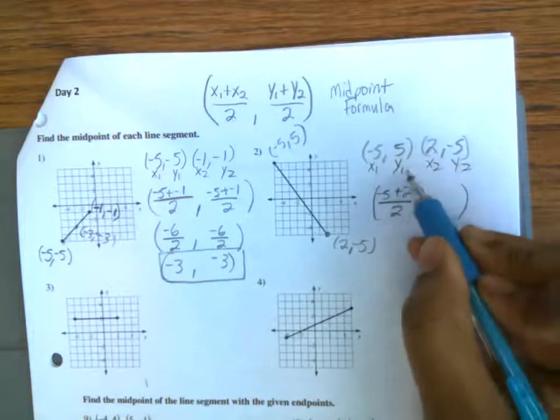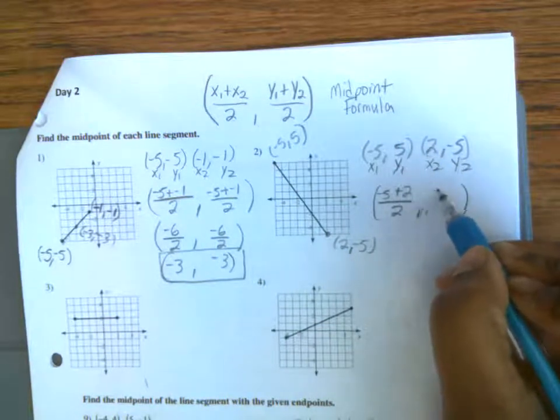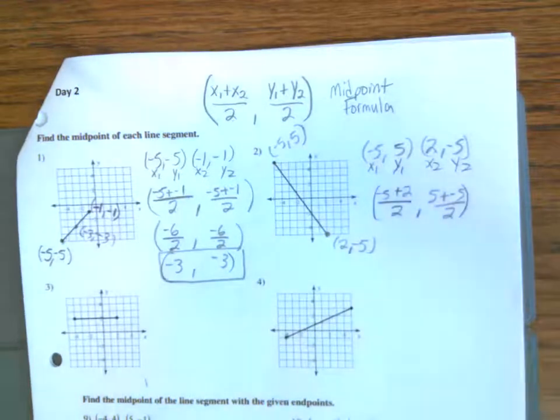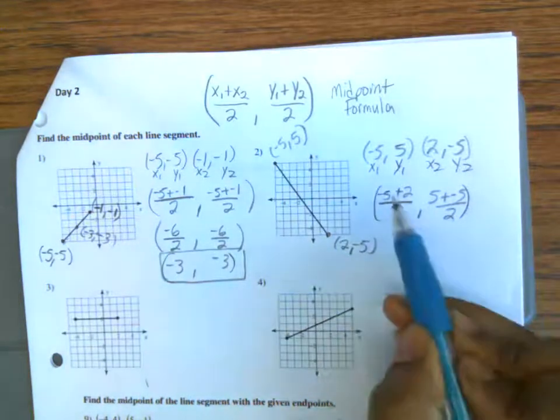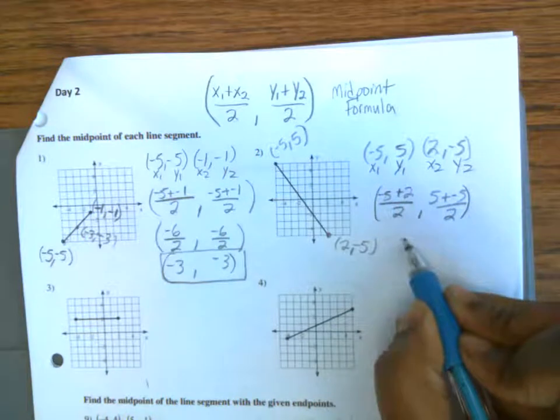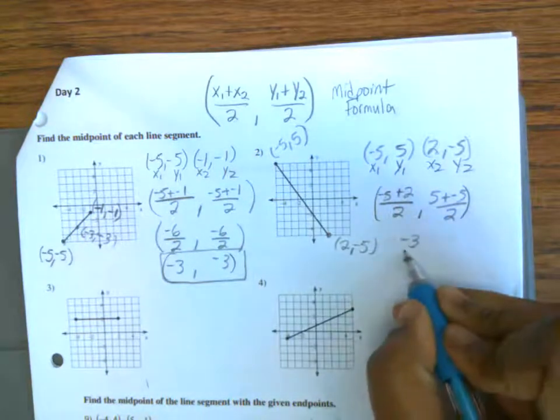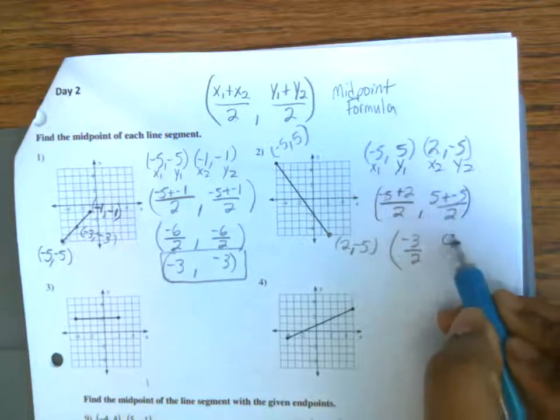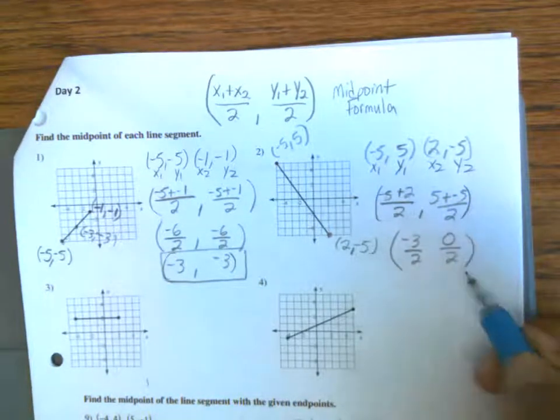Add the y's together. That's +5 plus -5 divided by 2. So on the top here, this gives me a -3 divided by 2. And on here, this gives me 0 divided by 2.